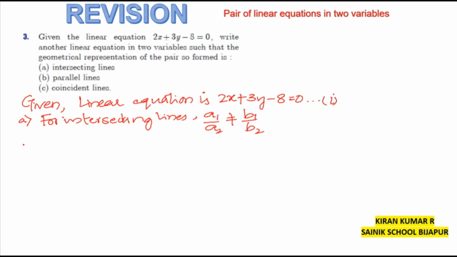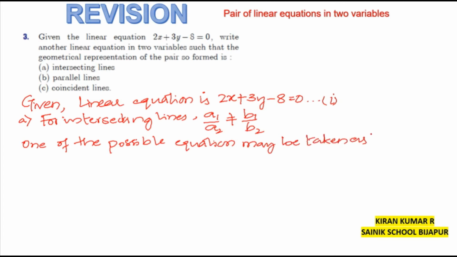One of the possible equations may be, this time I'll consider, say, 5x plus 2y minus 9 equal to 0. Now you can see a1 upon a2 is 2 by 5 and b1 upon b2 is 3 by 2. They are not equal. So this could be the second equation.